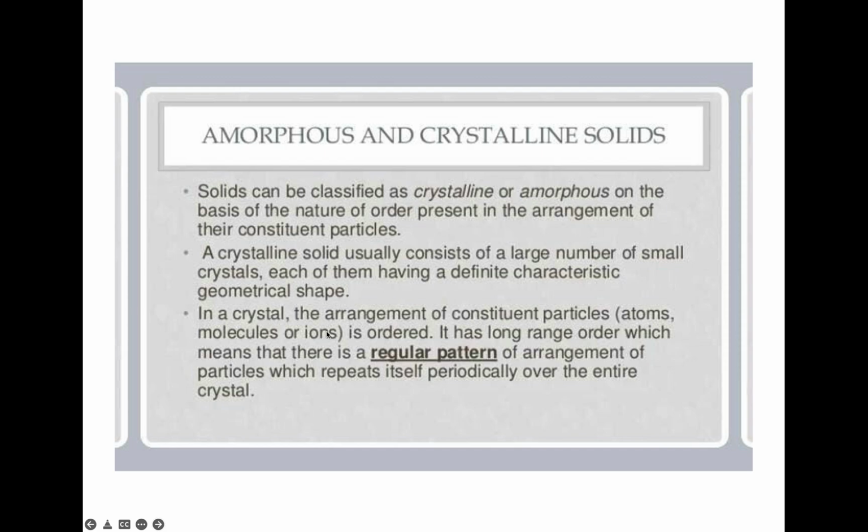In a crystal, the arrangement of particles, whether atoms or molecules, is ordered, and it has long range order, which means that a regular pattern is followed for the arrangement of particles, which repeats itself periodically over the entire crystal. Hope it is clear what is meant by a crystal.